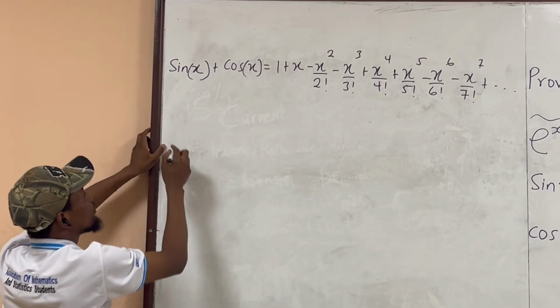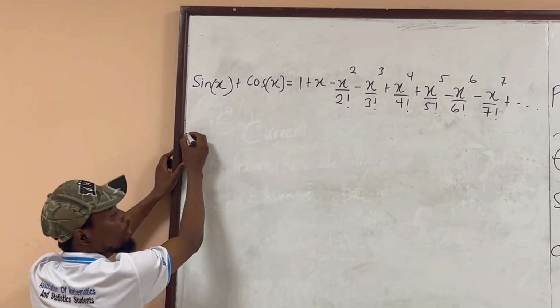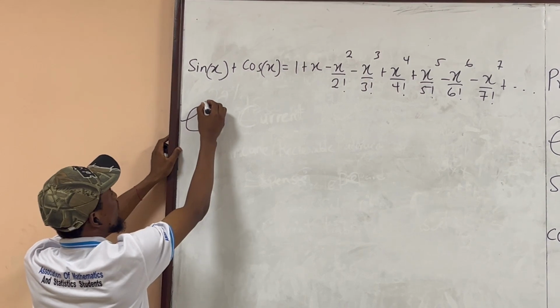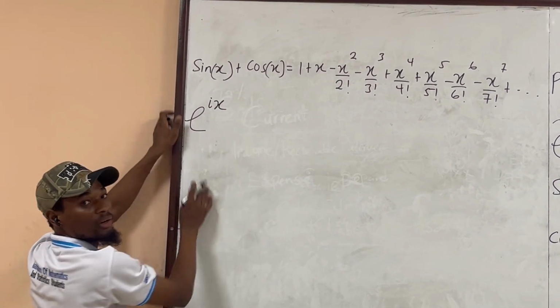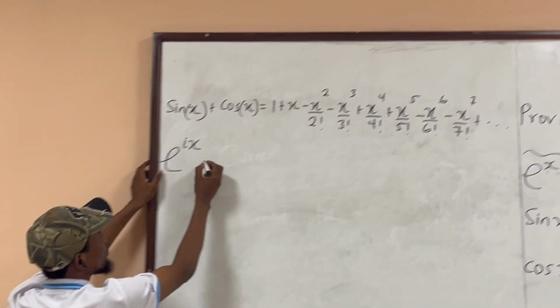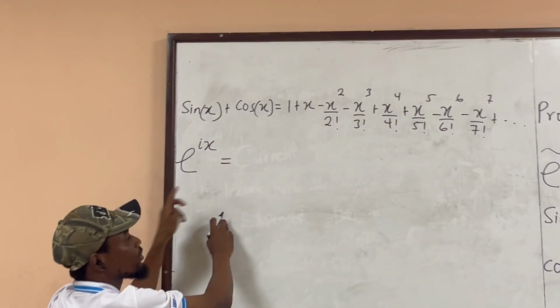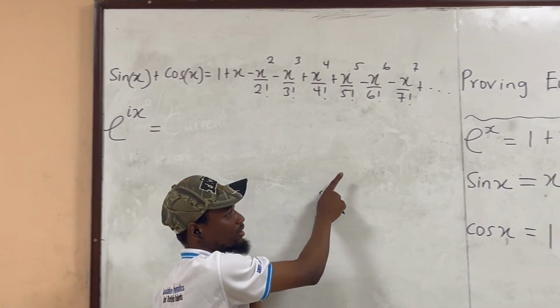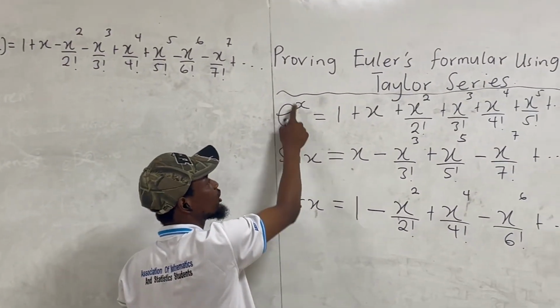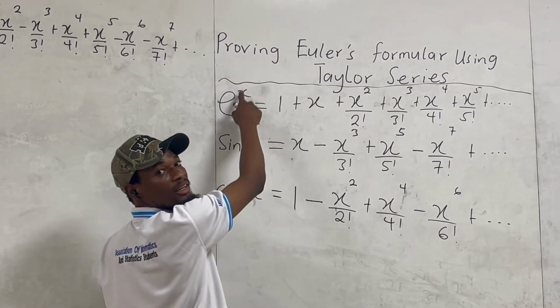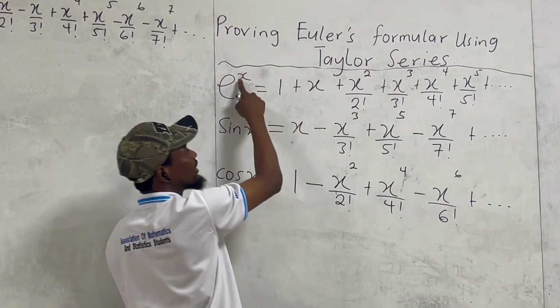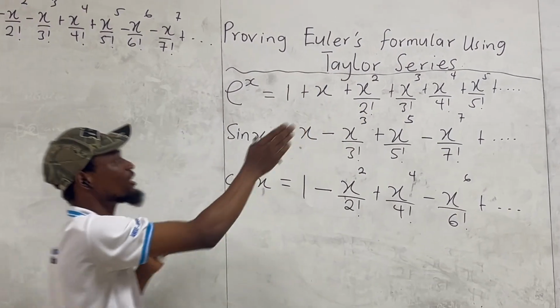Now let's look at e to the power i x, or theta, which is equal to, since we started from here, e to the power x is 1 plus x, then plus x squared, in that form.